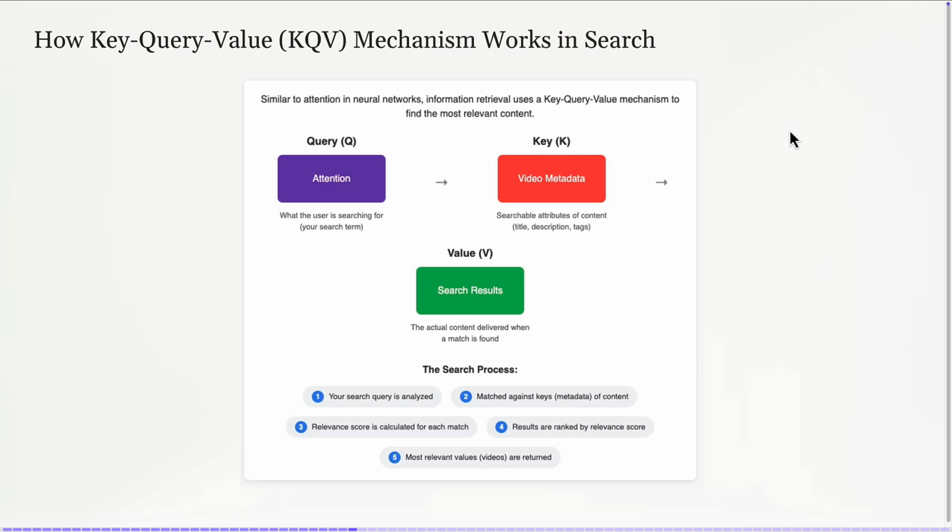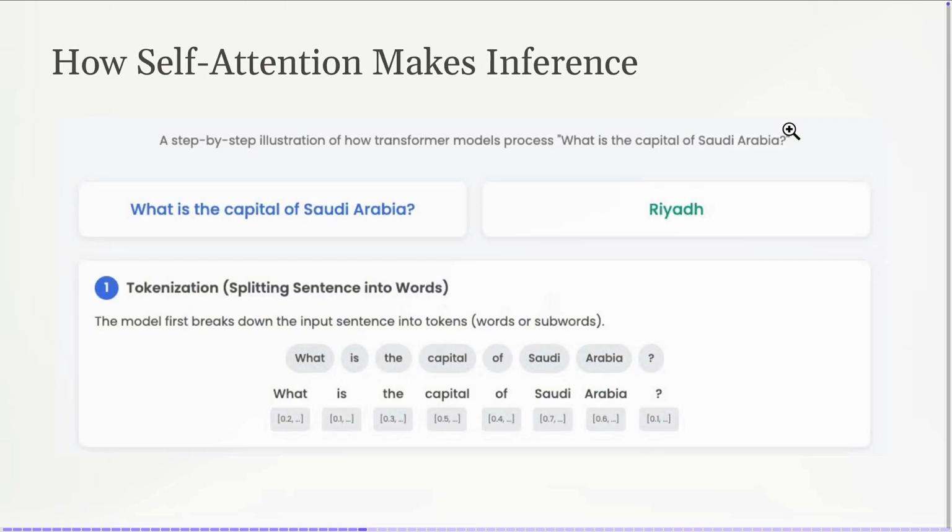So in the search process, your search query is analyzed, and then we make a matching of content. We calculate a relevance score, and finally we rank the results based on their relevance. And at the end, the most relevant values are returned.